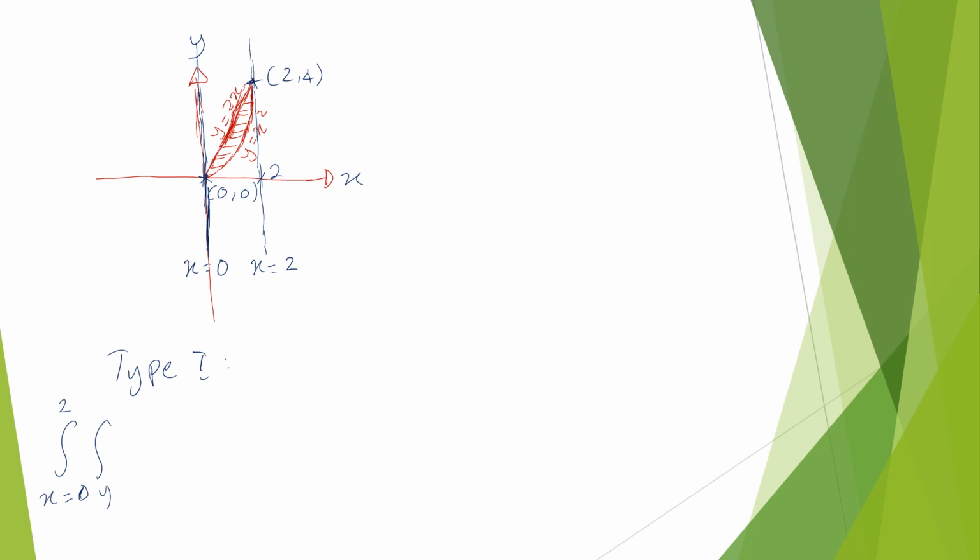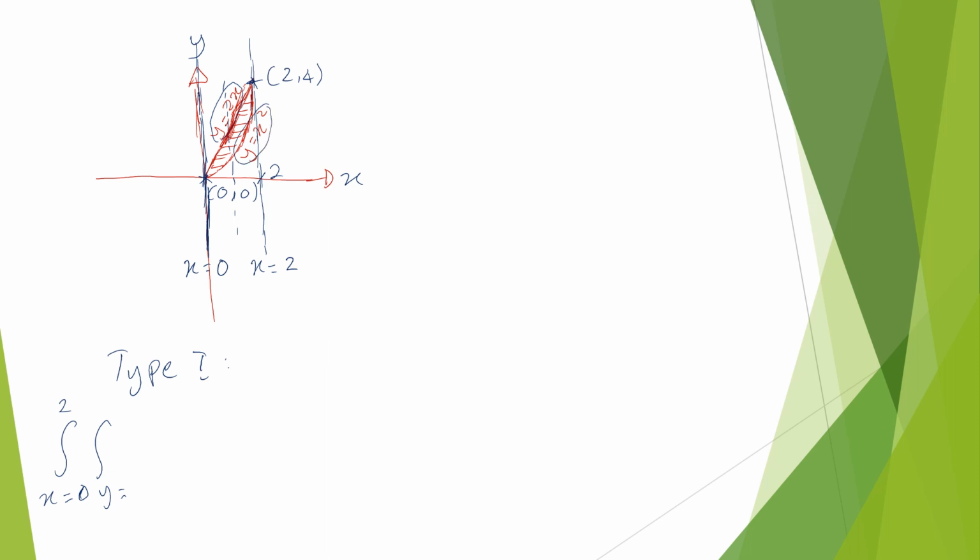Now for y. You have to make a reference line here, which is also vertical. At the reference line, you see which function is above which function. We can see that y equals 2x is always higher than y equals x squared in this case.